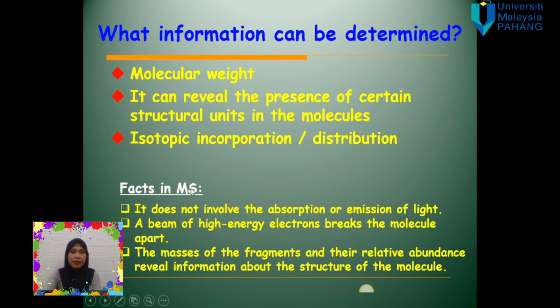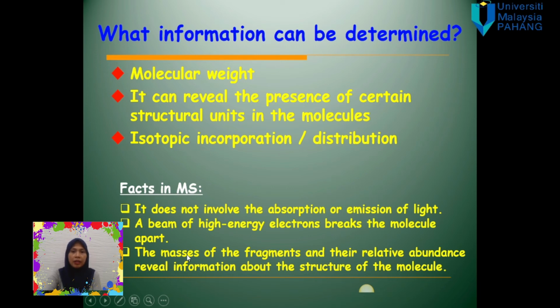In fact, mass spectrometry is not called spectroscopy. Why? Because it does not involve the absorption or emission of a light source. That's why in mass spectrometry there is no light source. It involves high energy electrons that break the molecule into ions.